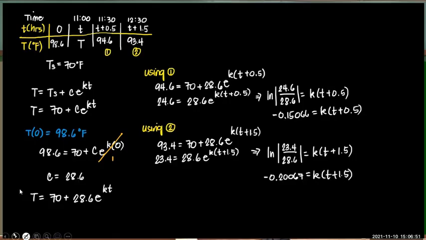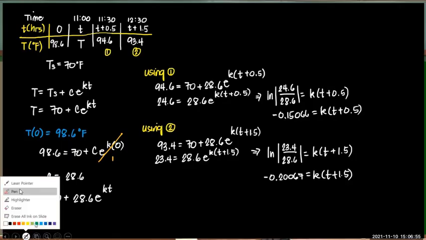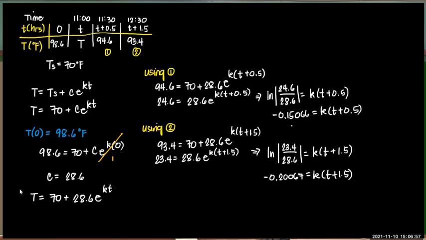All right. So using the upper one, can I say that k is actually equal to negative 0.15066 divided by t plus 0.5? And k is negative 0.20067 all over t plus 1.5.